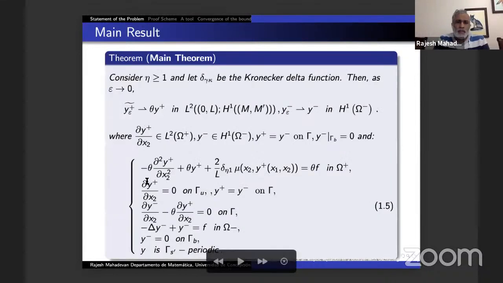And so in the upper part you have this equation, which is a kind of homogenized equation. In the limit, instead of the Laplacian of y, you have only the second partial derivative with respect to x2, and this is multiplied by the filling factor theta, and here also you see that presence.